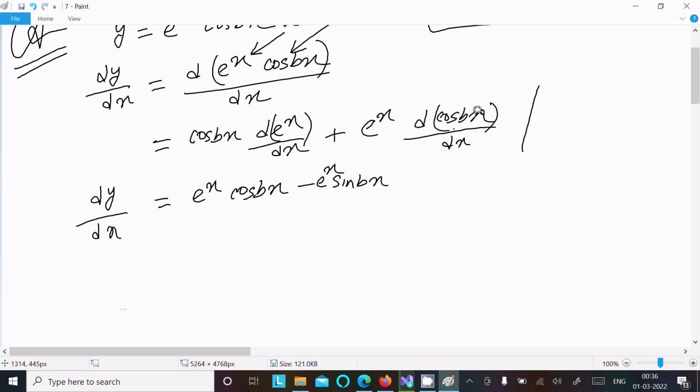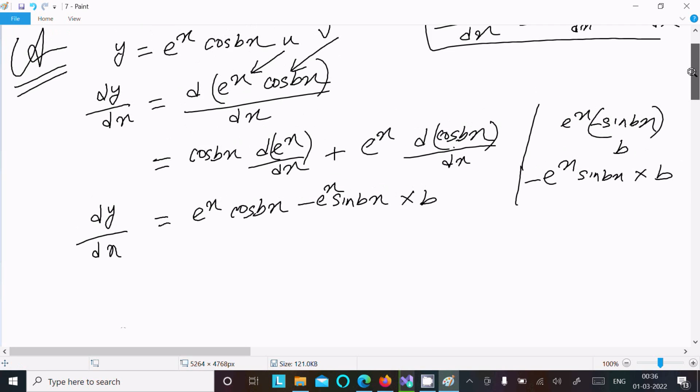So e power x and, the differentiation of cos bx is minus sin bx, and the bx differentiation is b. So after calculating this, we get e power x cos bx minus e power x sin bx into b. So this is the differentiation.